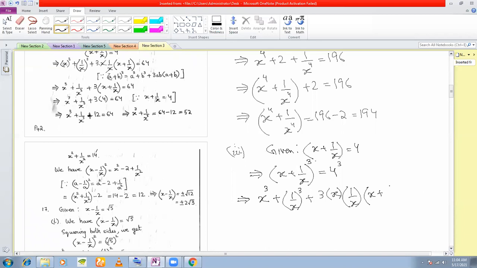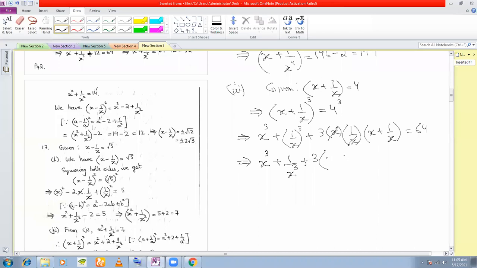So you're simply left with 3 and you have (x plus 1 by x) is equal to 64. So now you have x cube plus 1 by x cube plus thrice. Now what is the value of x plus 1 by x? It is 4, is equal to 64. Now you can simply get the value of x cube plus 1 by x cube by taking 3 into 4 to the other side.